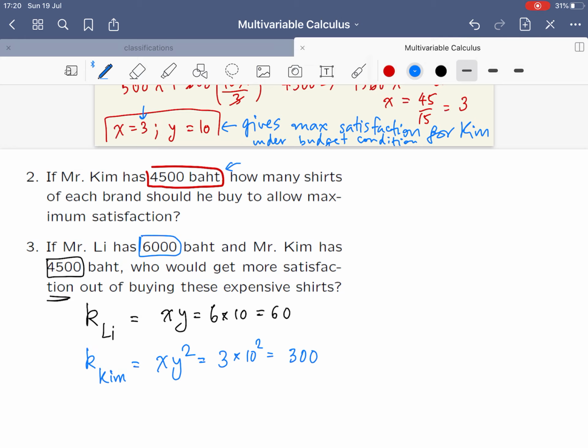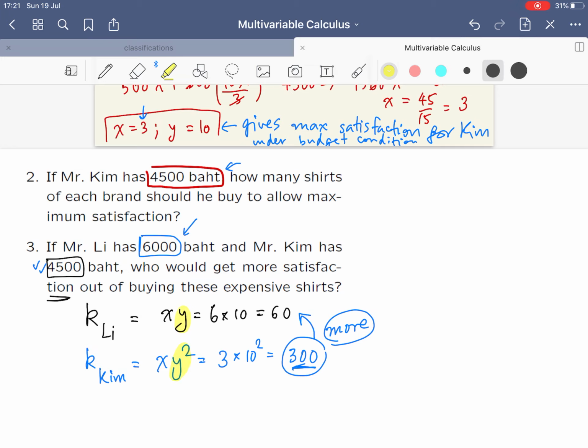So this one gets more satisfaction. I mean, not the same level, at this budget, for his budget, even though his budget is less than Mr. Lee's budget, after we do the calculation, we know that Mr. Kim's satisfaction is more than Mr. Lee's satisfaction. Can you see the difference?